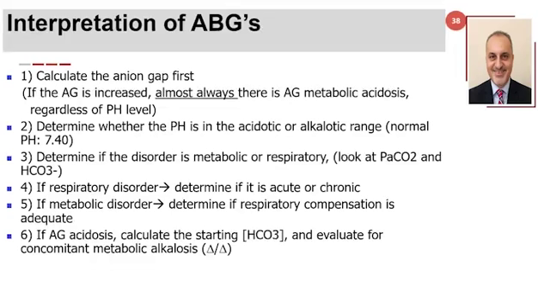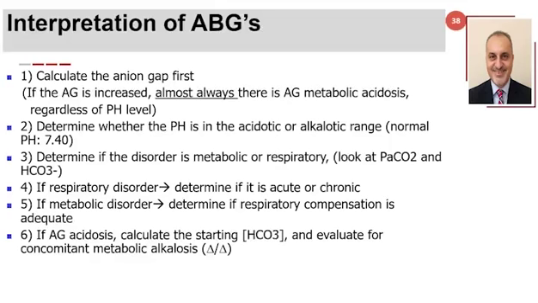I say almost always because there is only one condition that will give you a high anion gap without acidosis, which is severe alkalosis. Severe alkalosis will unmask a significant number of negatively charged molecules on the surface of the protein, so that will give you more unmeasured anions and increase the anion gap without acidosis.